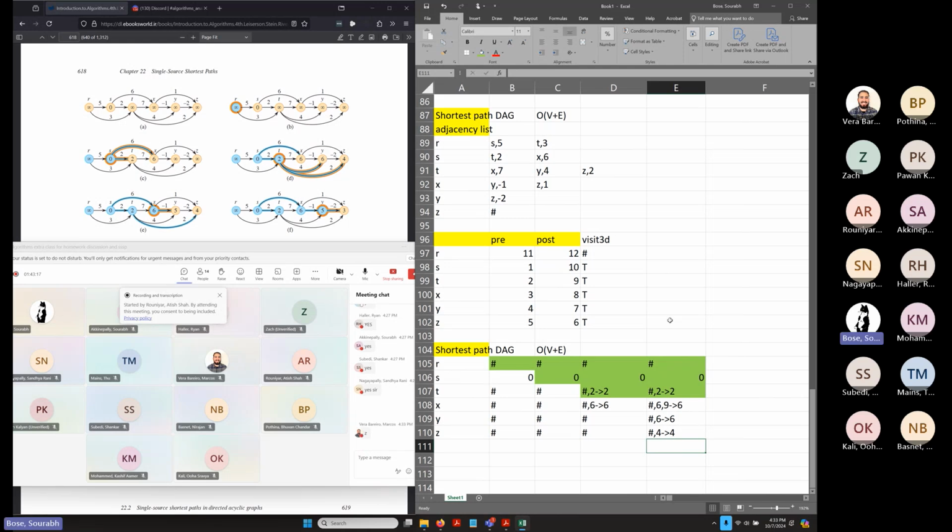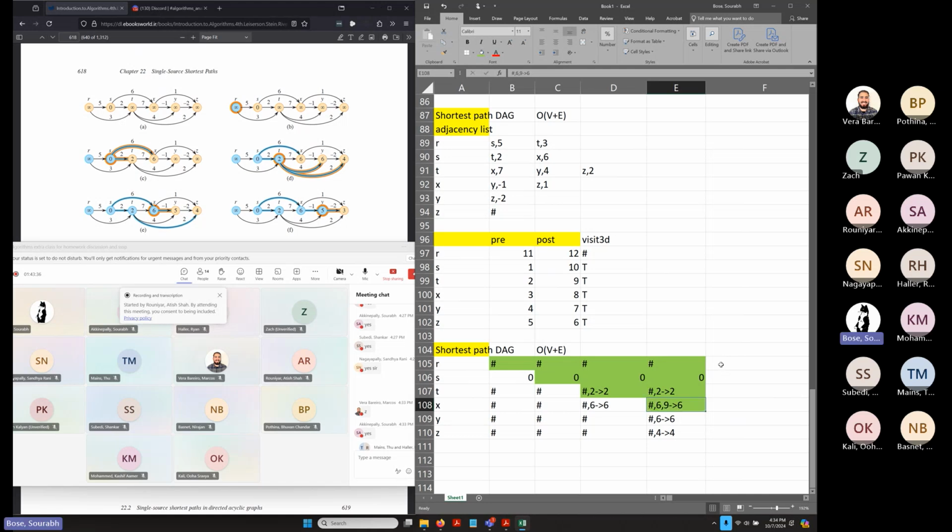Do you agree with Marcos's answer? Awesome. Because in topological order, T is next. Sorry, X is next. Doesn't matter, whichever one is smaller.